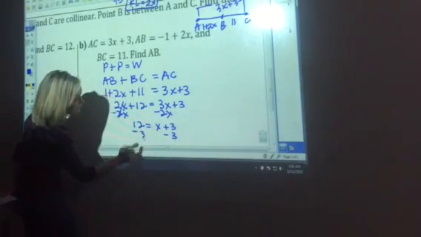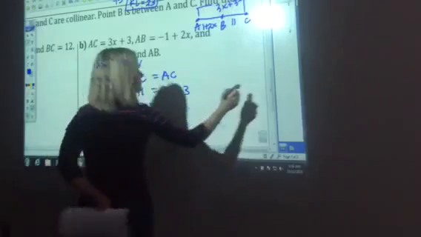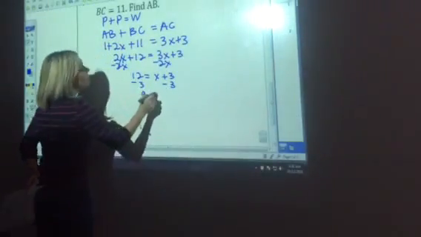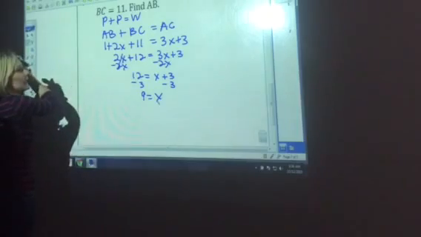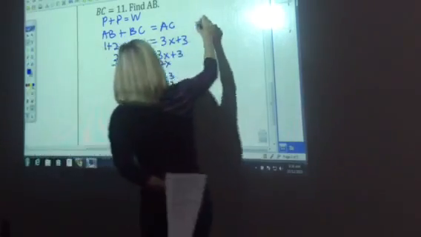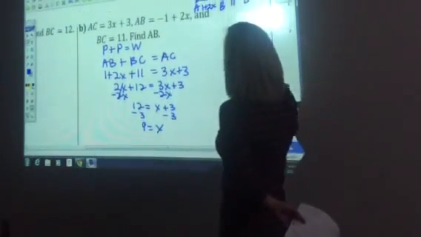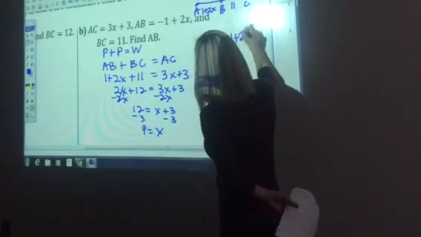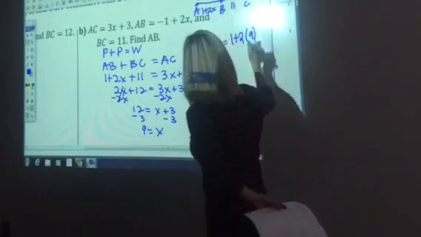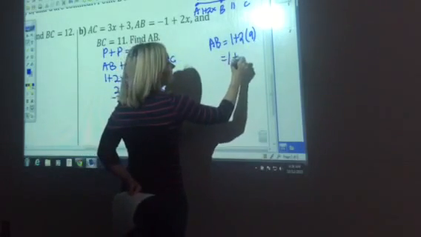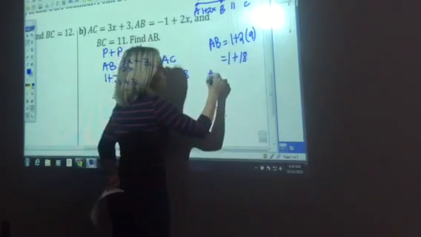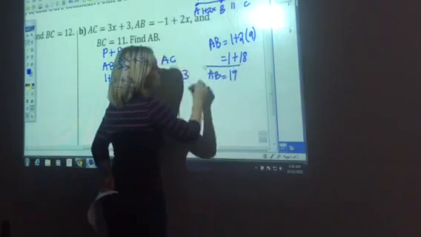Subtract 3, and I get 9 is equal to x. On this problem, they want me to find AB, and AB is the length 1 plus 2x, so 1 plus 2 times 9. That would give me 1 plus 18, so AB is equal to 19.